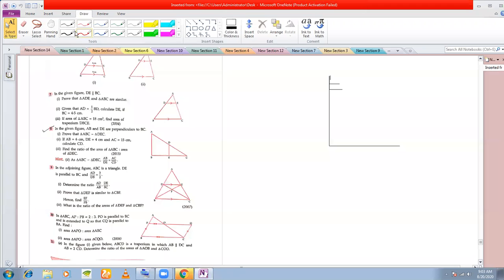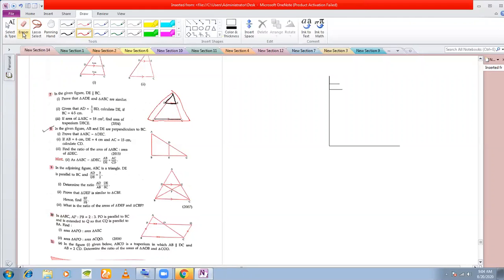That means these two lines are given to be parallel, DE and BC. Prove that triangle ADE is similar to triangle ABC, this bigger triangle.